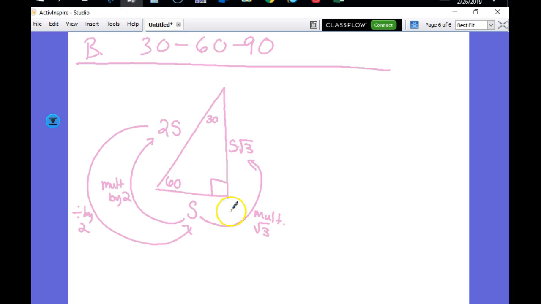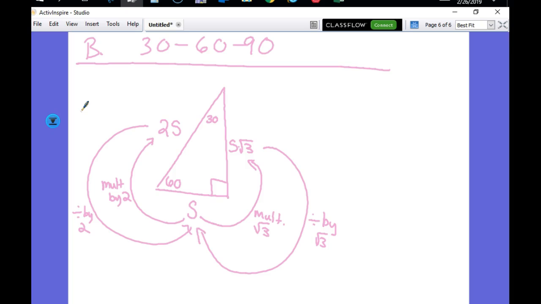So if you ever start with your long leg, then you would divide by the square root of 3. So they're a little bit more involved because they're not isosceles like the other one.